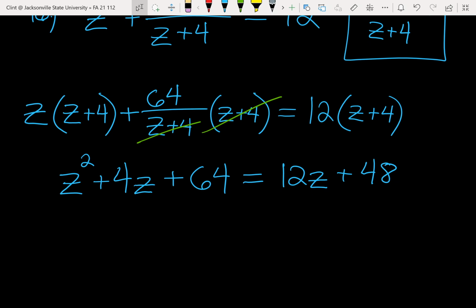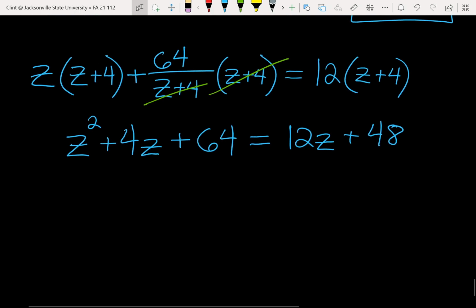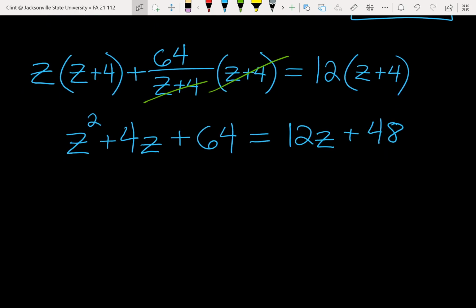And since this thing is quadratic, I'm going to get everything on one side and then probably use the quadratic formula, unless it just looks like it will factor easy. The numbers are kind of big, so I'm guessing we'll probably do the quadratic formula here. So if we subtract 12z from both sides, 4 minus 12, we get negative 8z.